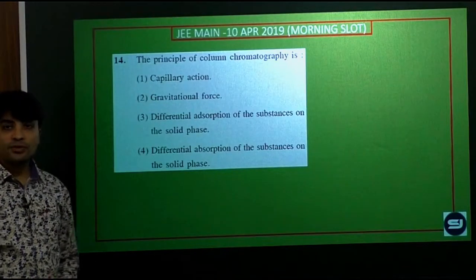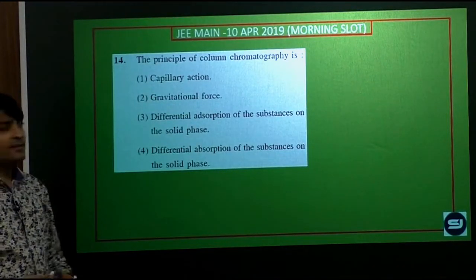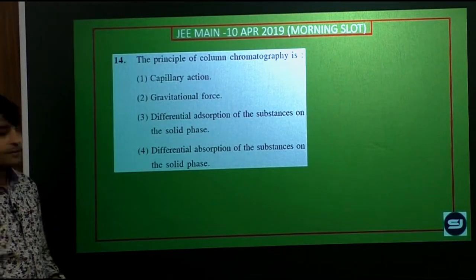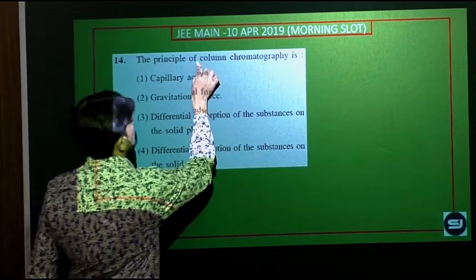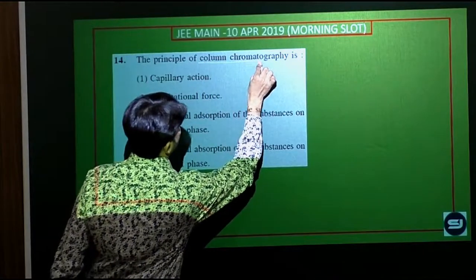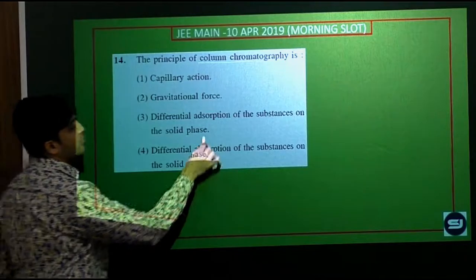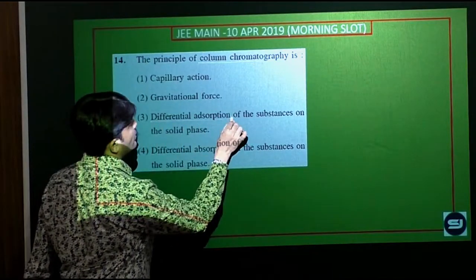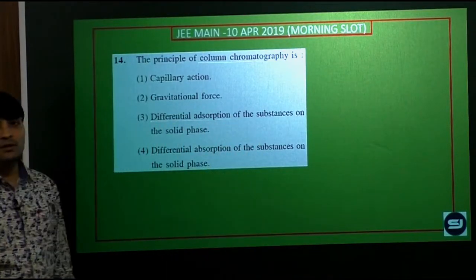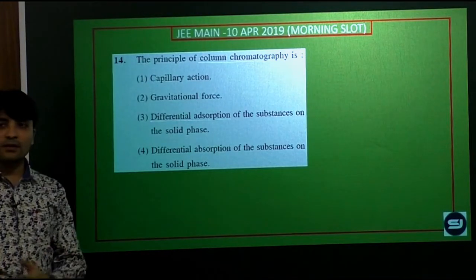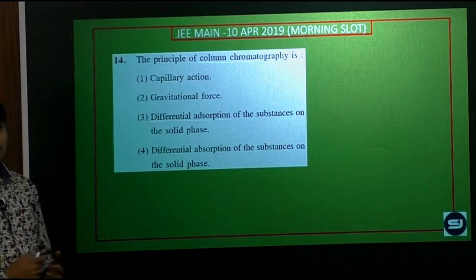14 is a factual question from surface chemistry, a fairly easy question. The principle of column chromatography is. Now, column chromatography is based on differential adsorption. It is based on differential adsorption of the substances on the solid phase. What we have in column chromatography is a solid phase and a liquid phase.